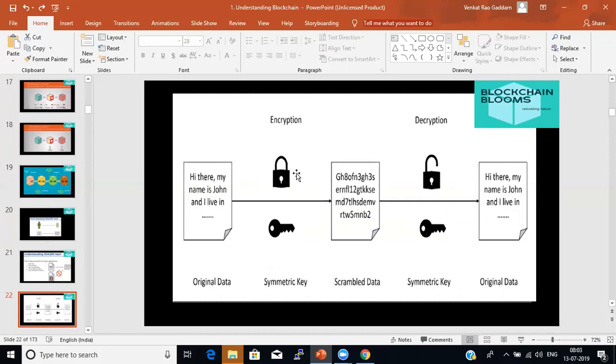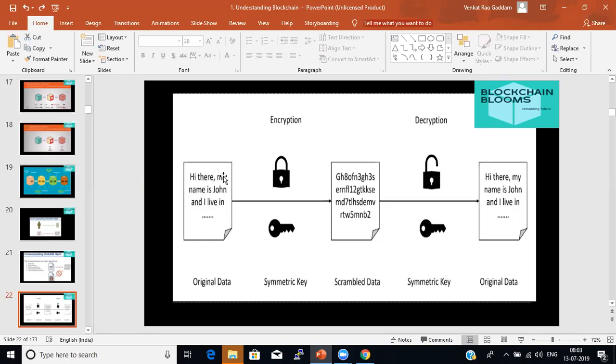So how we can pass the data in a secured zone from one computer to another, or one node to another node in the network. Here, whatever data you encrypted, you can decrypt it with the same key. Whereas with a hash code, it is not possible to decrypt, or you cannot get back the original input.